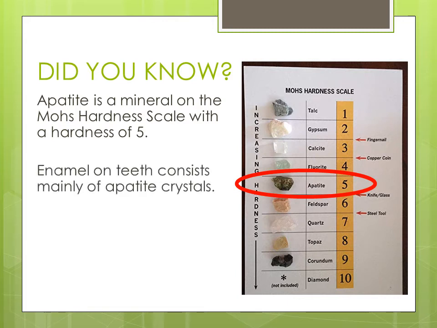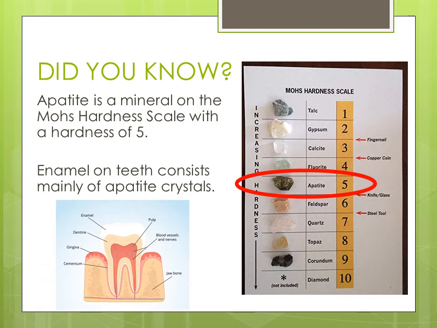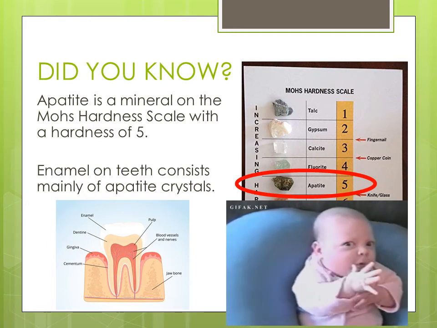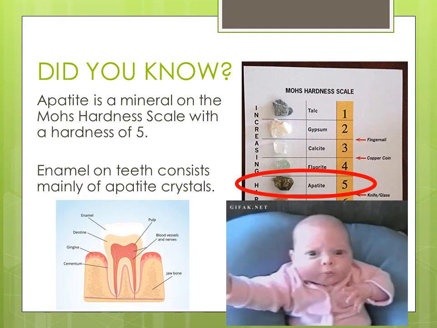It's because enamel on teeth consists mainly of apatite crystals. So your teeth have minerals within the enamel. So your teeth are pretty strong. They're on the Mohs hardness scale. Interesting. I think so.